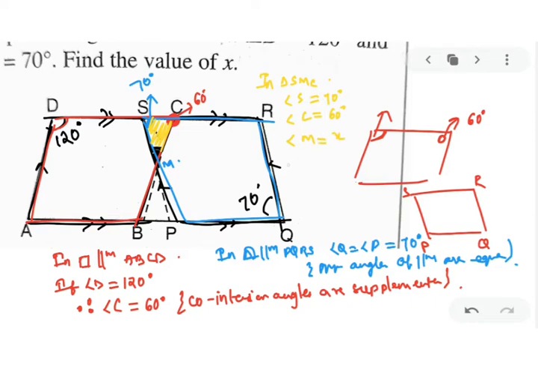We know very well, जब तीन एंगल्स आपके होते हैं ट्रायंगल में, so sum of all these three angles will be equal to 180. That means you will get the value of X as 50 degree. Are you getting my point clear? So you got your X value is equal to 50 degree.